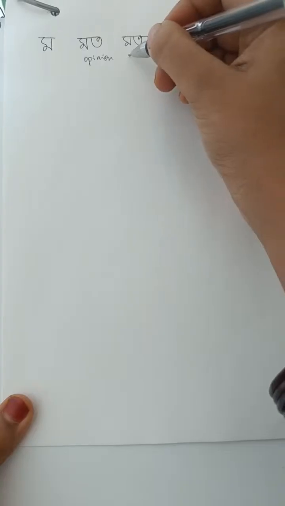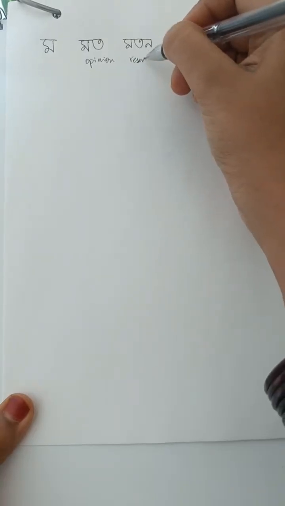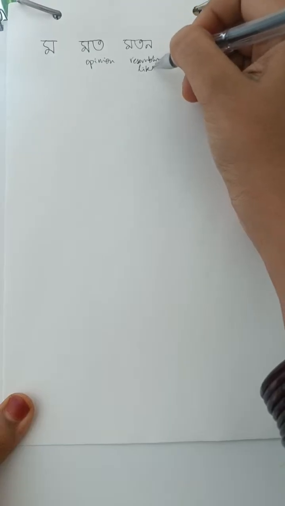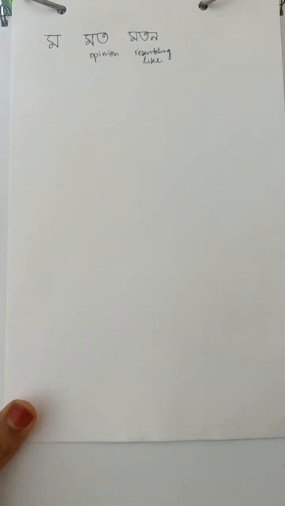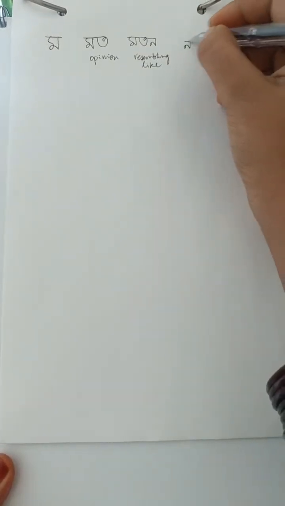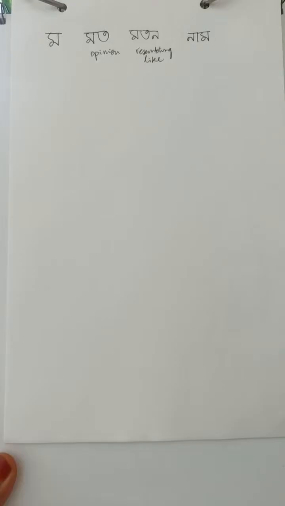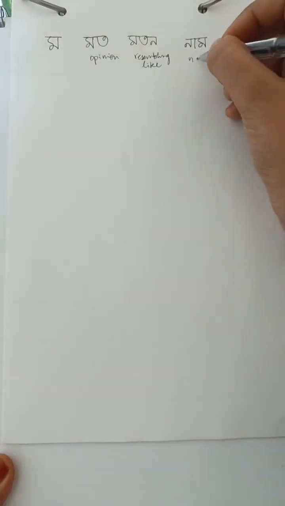This means resembling or like. When something is like something, it resembles it. That's moton. Next word. Nam. Name.